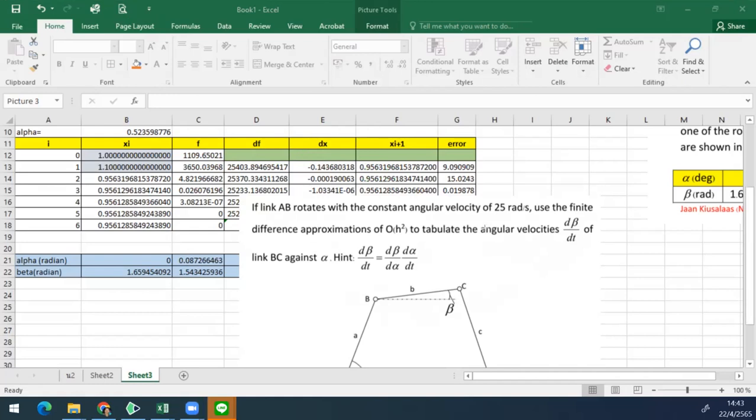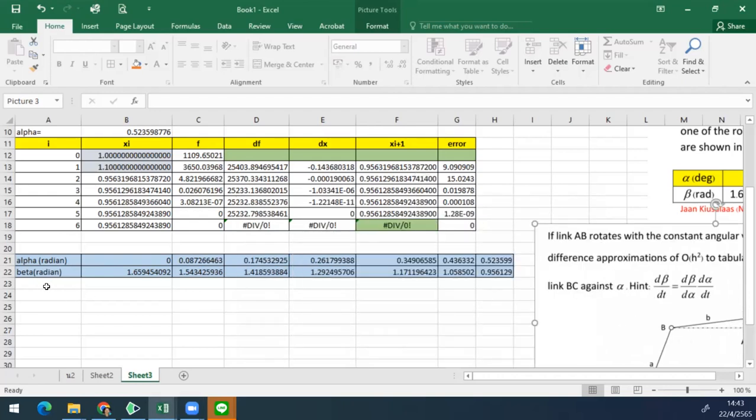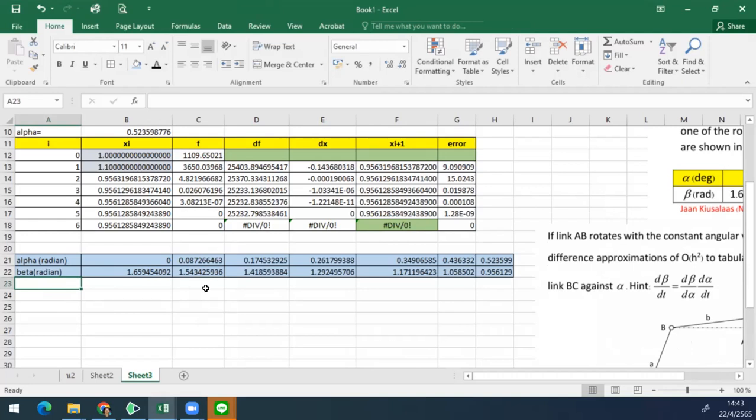By using the chain rule, we know that d beta by dt is equal to d beta by d alpha times d alpha by dt. But right now we know d alpha by dt equals 25 radian per second, right? So from the table, we can approximate d beta by d alpha, right? We can approximate d beta by d alpha by using the central difference, and forward and backward difference also, right?